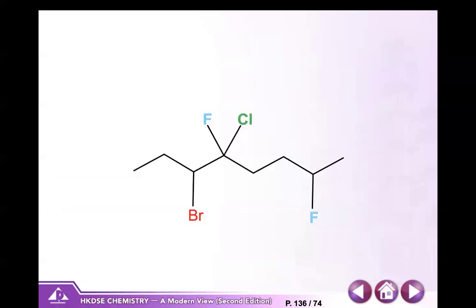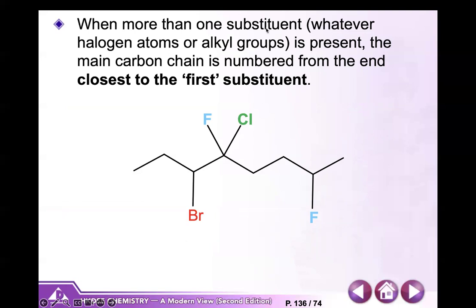A more complicated one, if there is bromo, fluoro, and then chloro. The name should have bromo first, and then chloro later, and then fluoro. For example, if more than one substituent is present, once again, the first substituent closest to the end will have the lowest number.